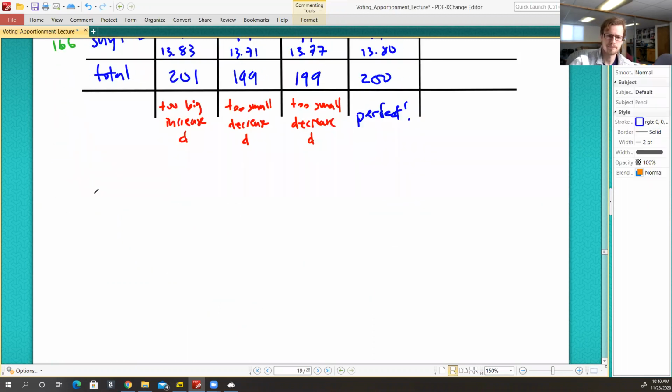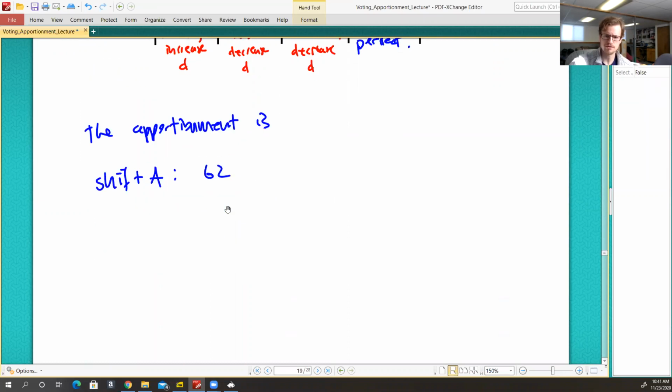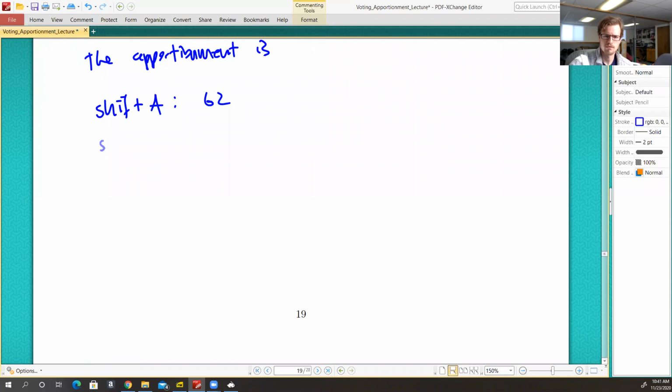With that, the apportionment is, let's see here, Shift A, we said, receives 62 nurses. Shift B receives 82 nurses.